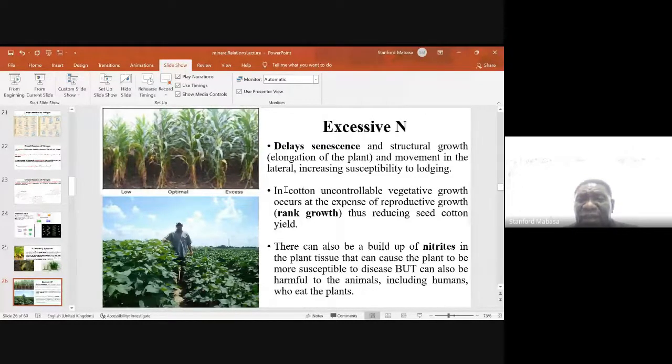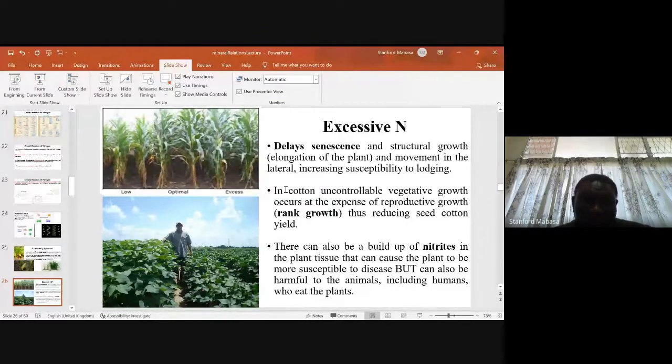Now, what may happen is that most of the dry matter will go into the stem and the leaves at the expense of formation of seed. So this could be the effect of too much nitrogen in cotton. A lot of nitrogen can also create nitrites in the plant tissue, and nitrites are harmful to animals as well as humans who eat these plants which have had excessive nitrogen.